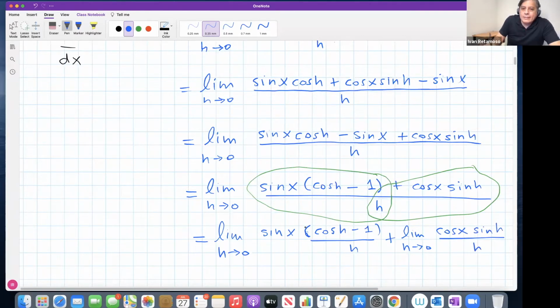Follow, guys? I just distribute the limit over the sum, after dividing by h each of these two terms, and I get this.